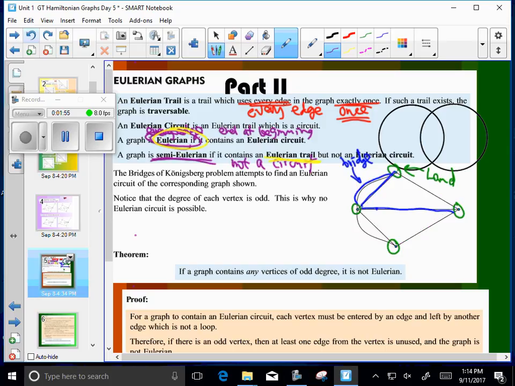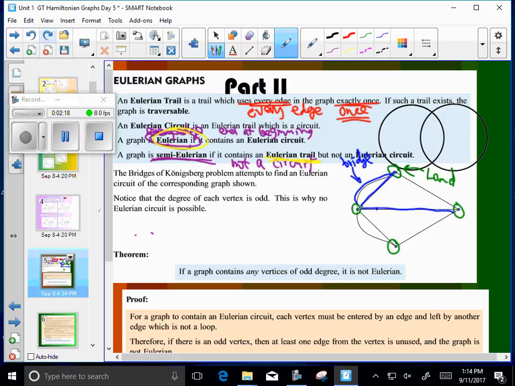Did anybody get it to work? How about this? Nope, then that one's high and dry. So this one, would you say Eulerian, semi-Eulerian, or neither? I think that one's probably a neither.